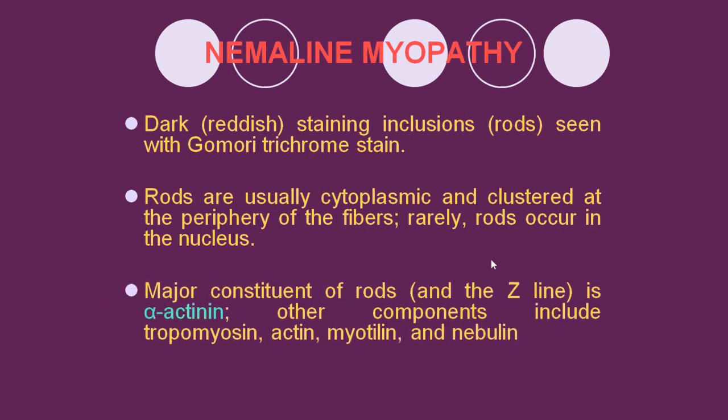The major constituent of rods and the Z line is alpha-actinin. Other components include tropomyosin, actin, myotilin, and nebulin. The most important constituent of rods is alpha-actinin.